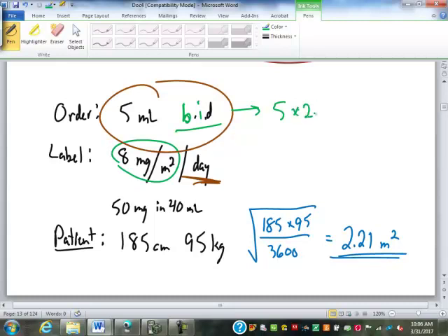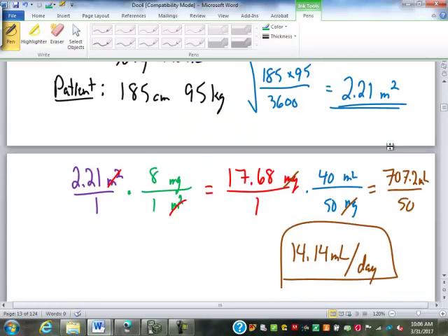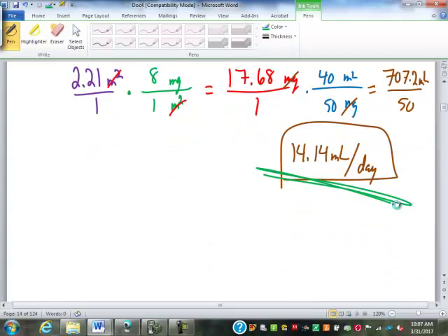So 5 times 2 is going to be 10 milliliters per day is what the doctor is ordering. So assuming that 14.14 is a maximum safe dose, the doctor's order is below the maximum.